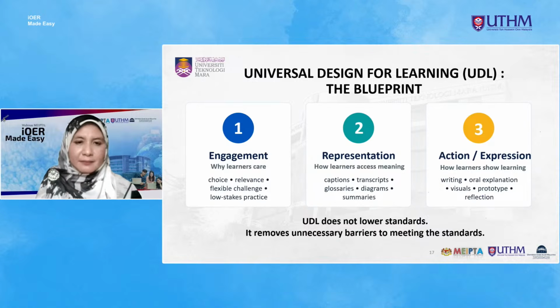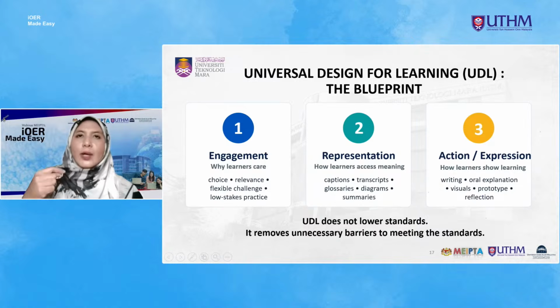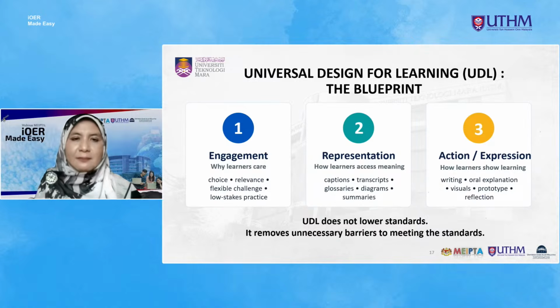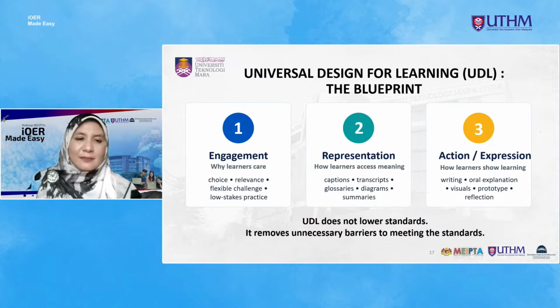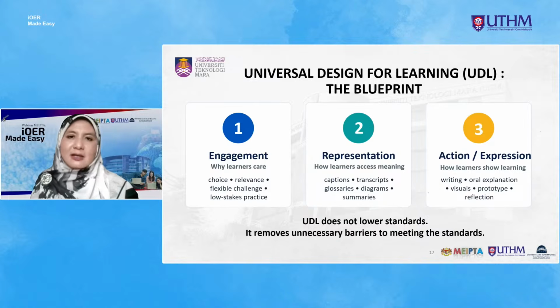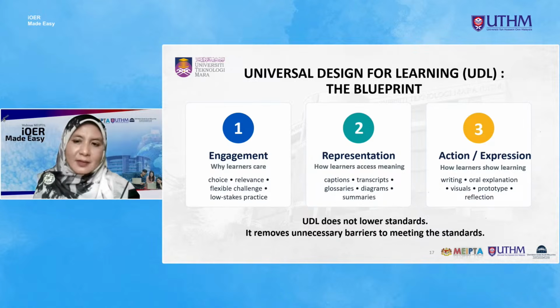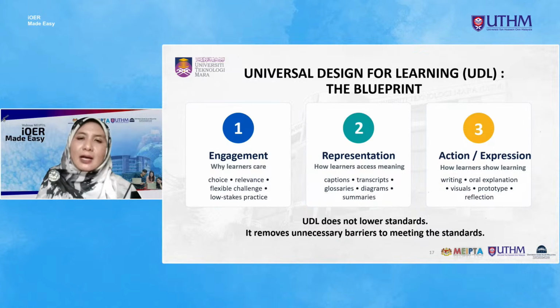First, the engagement. It will answer why learners care. So here, we need to motivate the students to understand, to engage, to connect with the materials. First thing first, we need to make the students engage with the materials. How?